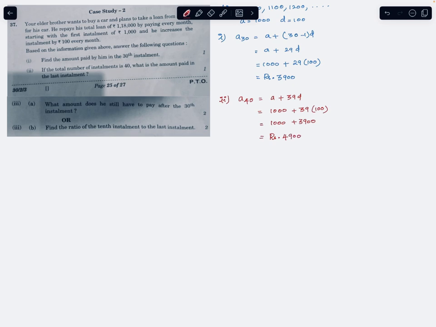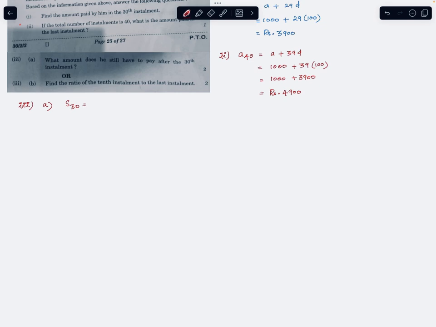Question 3, part A. What amount does he still have to pay after the 30th installment? Now for this question, we have to calculate the sum of all the payments from the first payment till the 30th payment, and then we have to subtract that from the total amount.